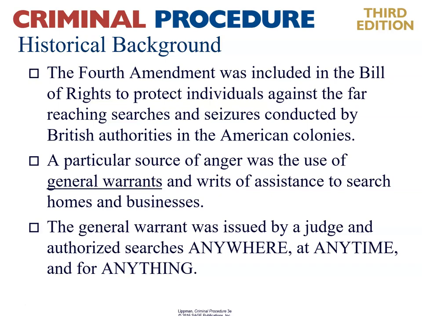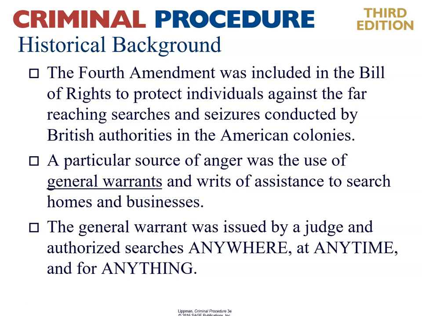A particular source of anger was the use of what they called general warrants and writs of assistance to search homes and businesses. A general warrant, by definition, was issued by a judge at that time, and it authorized searches anywhere, at any time, for anything, for any reason.